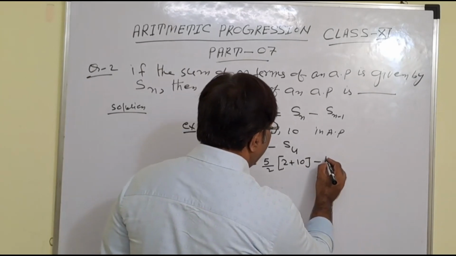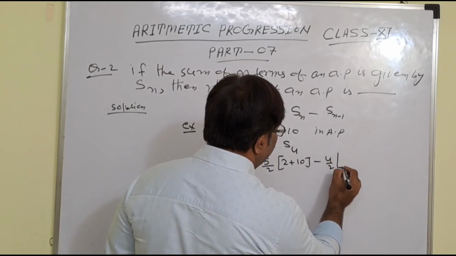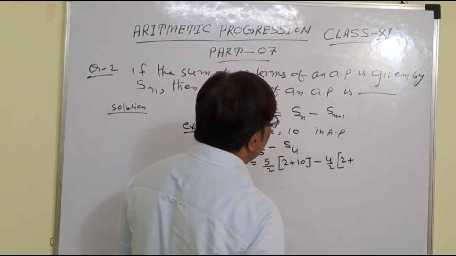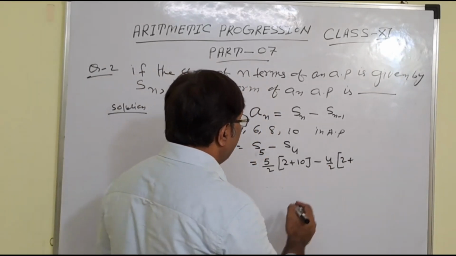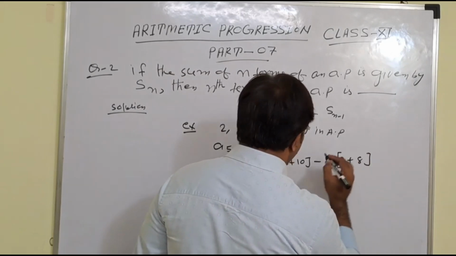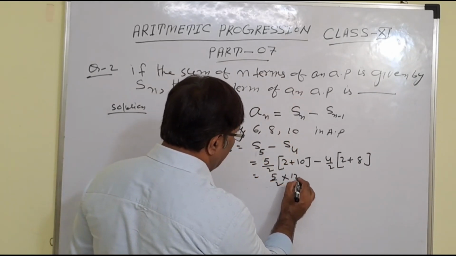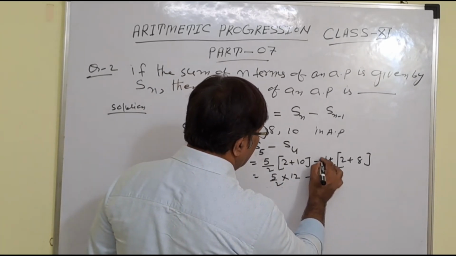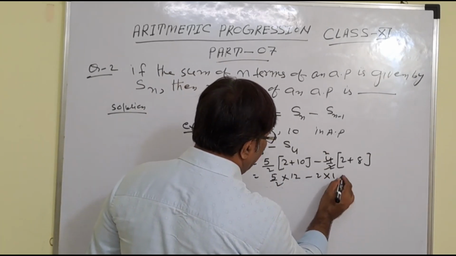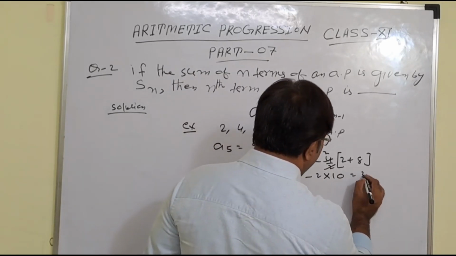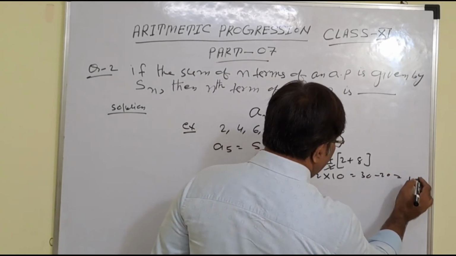For the fourth term, n is 4, so 4 by 2 into the first term, 2, and the last term, which is the fourth term, 8. So we write 5 by 2 into 12 minus 2 into 10. So 2 sixes are 12, we get 30 minus 20, that is 10.